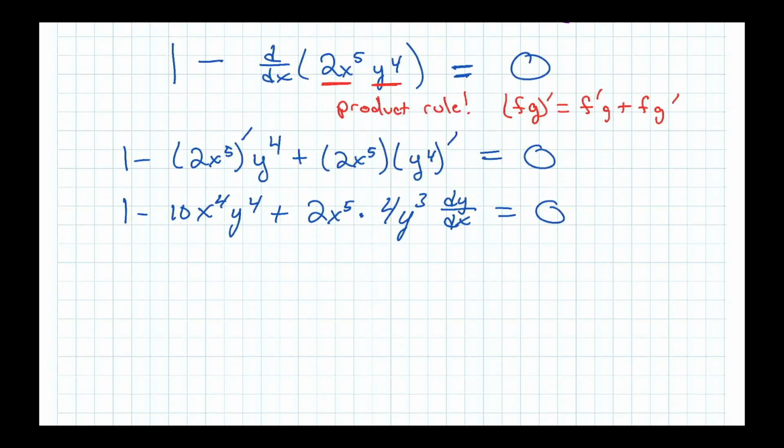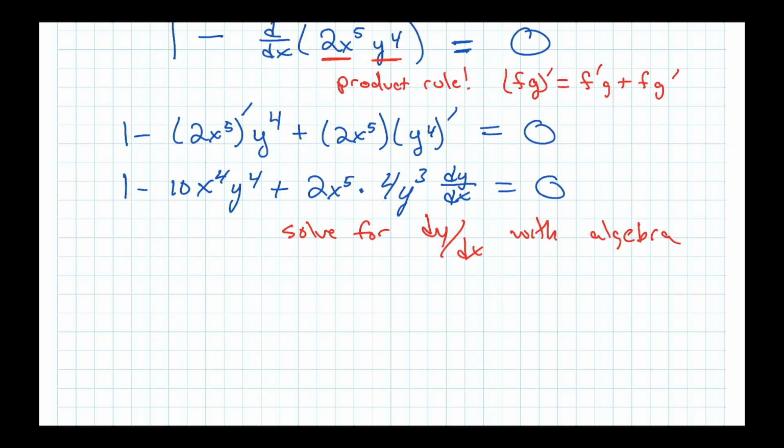So now you have to solve for dy/dx with algebra. It's not going to be that hard. You're just going to take this stuff, move it over to the right.